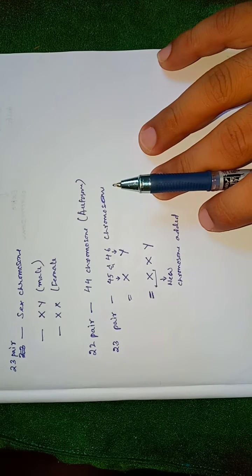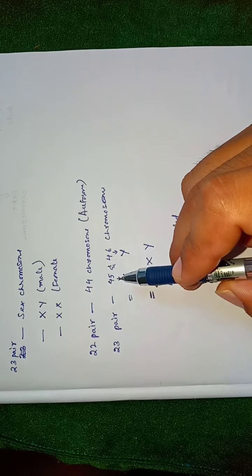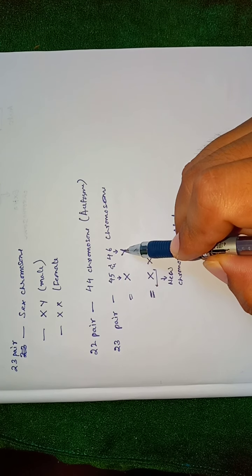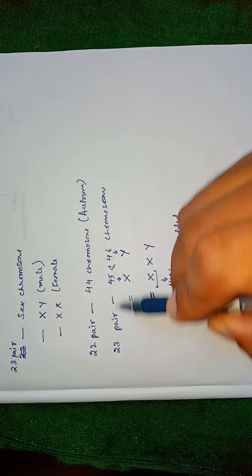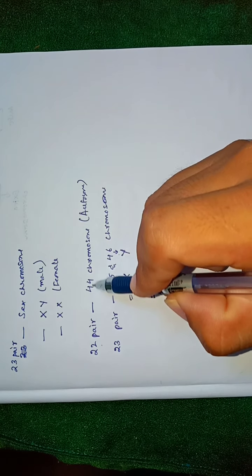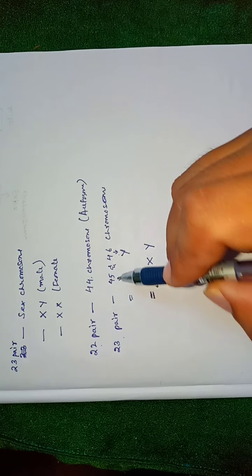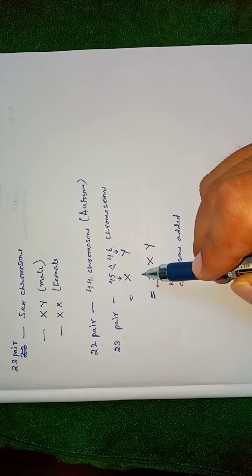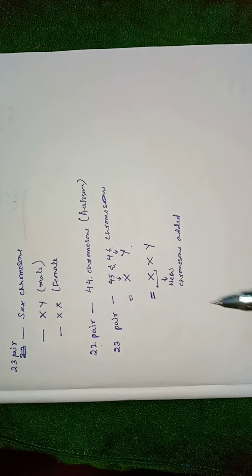So let's look at the male chromosome. In male chromosome the 45 and 46 will have X and Y chromosome. The 22 pair will have 44 chromosome, and the 23rd pair, that is 45 and 46, will have 2 chromosome, so XY in case of male.